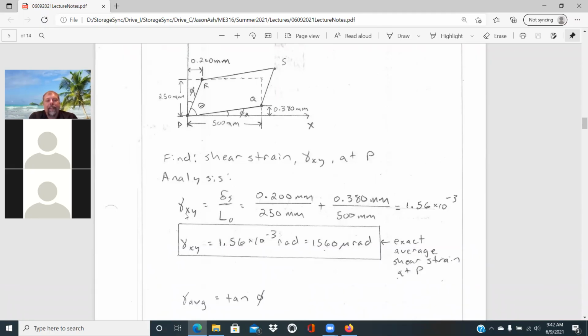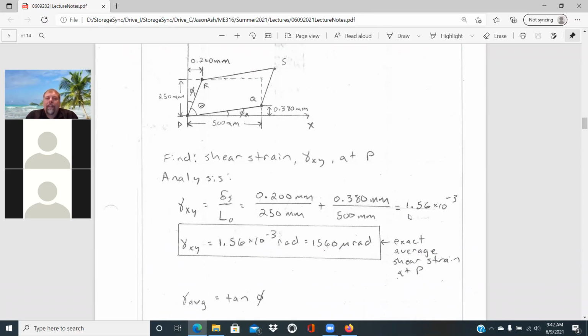By default, the exact value would just be the sum of those shearing displacements divided by the original lengths. So it'd be 0.200 over 250 millimeters plus 0.380 millimeters over 500 millimeters, which gives us 1.56 times 10 to the minus 3.